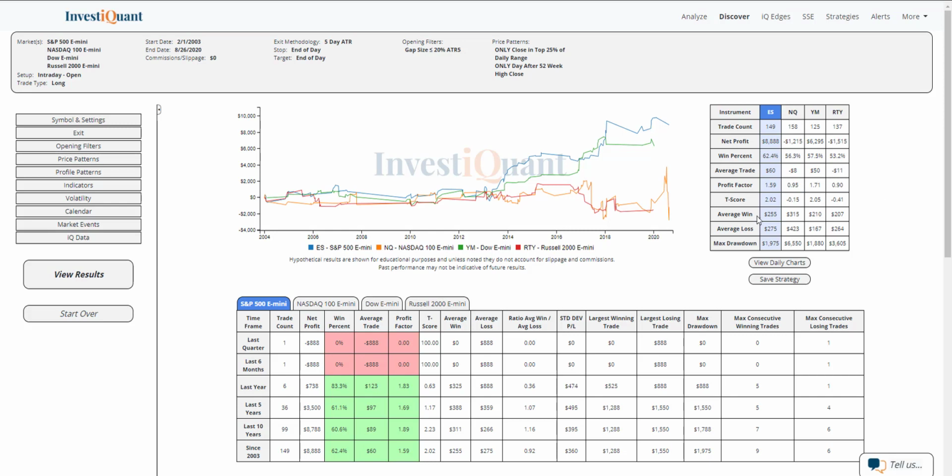Looking at average win to average loss, it looks like the average loss is a little bit bigger on average across all four compared to the average win. For ES, the average loss is a little bit bigger than the average win. NASDAQ, the average loss is bigger than the average win. YM, the average win is a little bit bigger than the average loss, and Russell, the average loss is bigger than the average win.